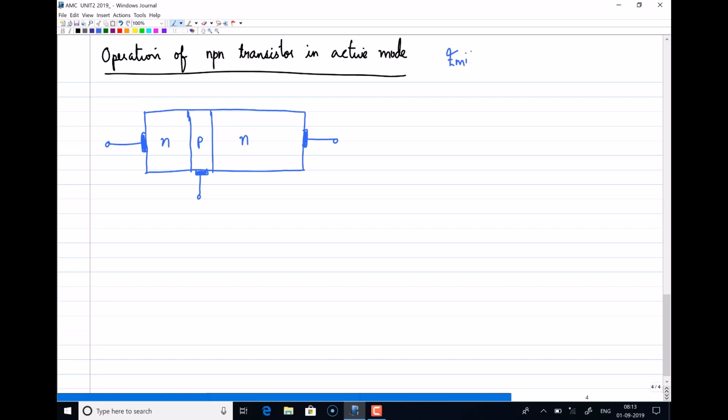Just want to mention here that the structure is doped such that the emitter is heavily doped, the base is lightly doped, and the collector is moderately doped.